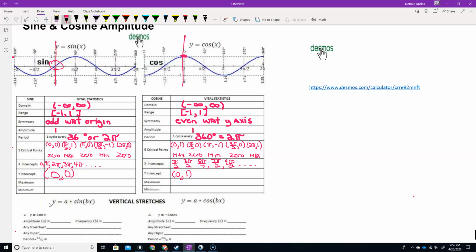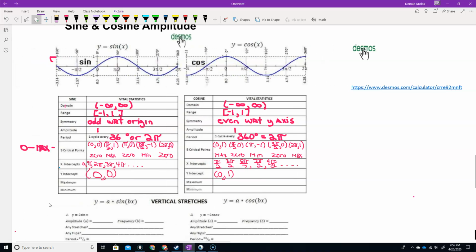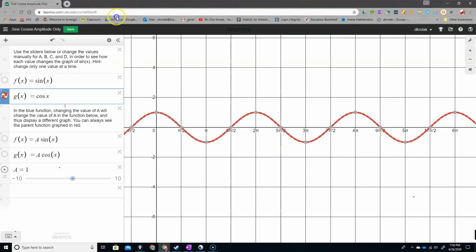Okay, our maximums and our minimums. Where's the high points? Where's the low points? Well, they're going to be just the reverse of these x-intercepts. So if you look at, for sine, the high points, let's drag our sine graph back over.